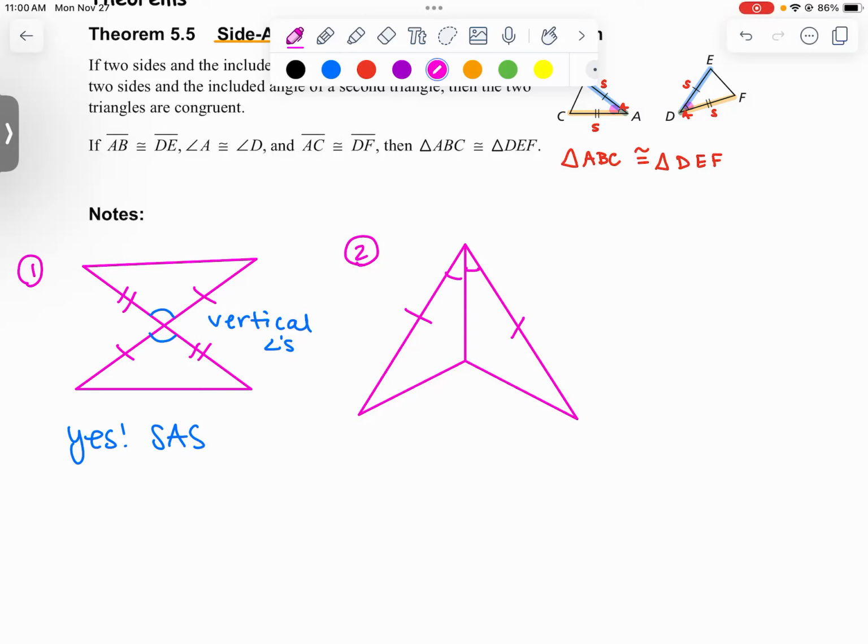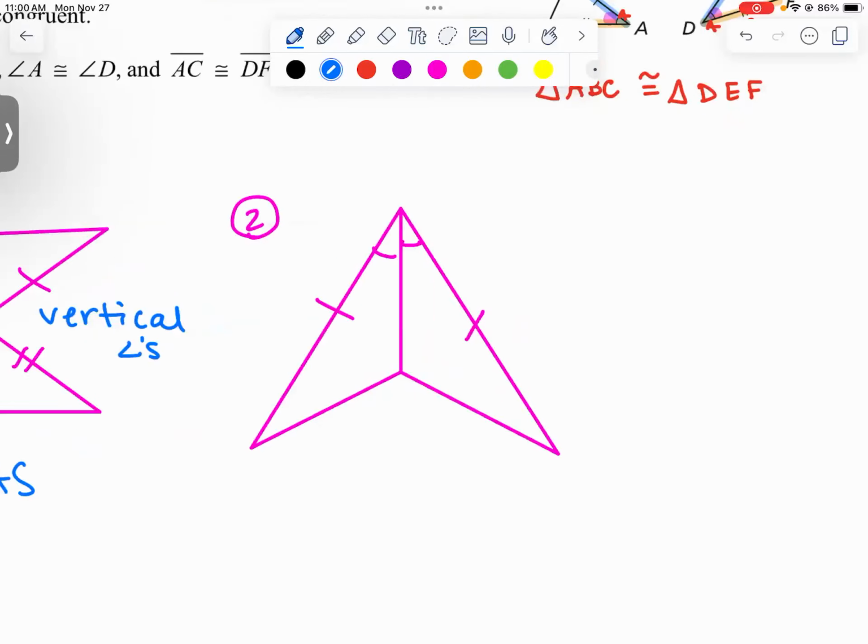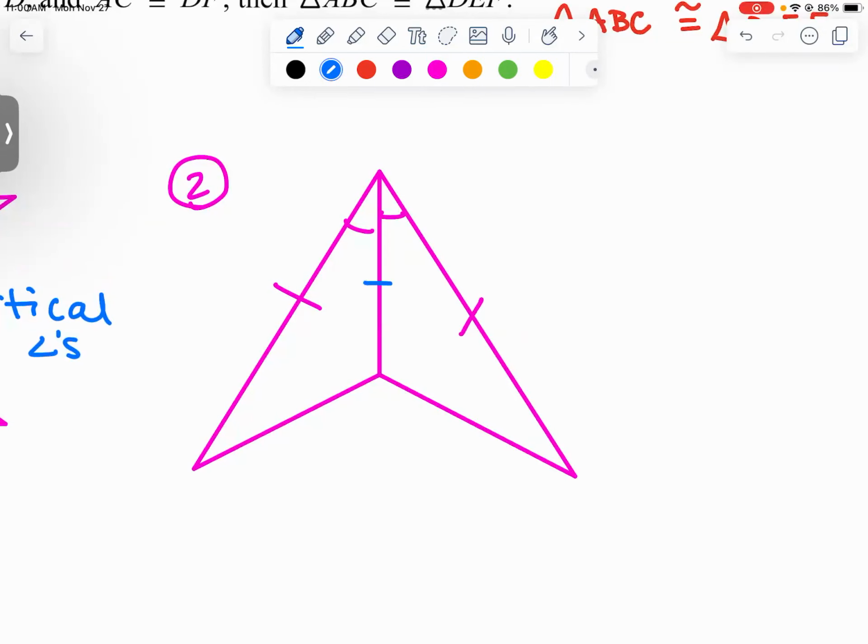What do you think about this one? Are these two triangles congruent? Who said yes? Why? What property would this be? Let's say this was A, B, C, D. We could say that BD is congruent to itself.